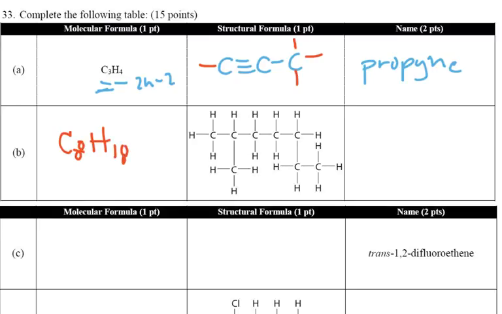Now to name this, we have to go back and find the longest chain. We can kind of see the longest chain goes around the corner. And that's 1, 2, 3, 4, 5, 6, 7. So we're talking about a heptane with a methyl hanging on carbon number 2. We'd want to start numbering from the left. So this would be 2-methylheptane.